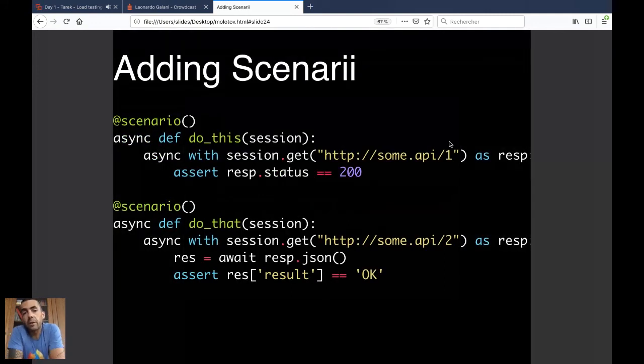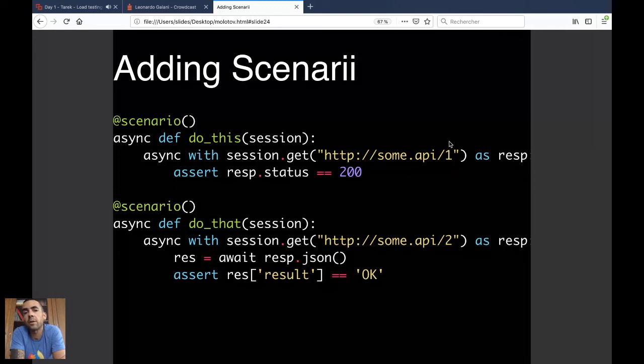You can do several scenarios. Here I have two different scenarios, do this and do that. The first one calls /1 and the second one /2. The second one grabs the JSON result from the server and makes sure that there is a result key and that the result key value is okay.